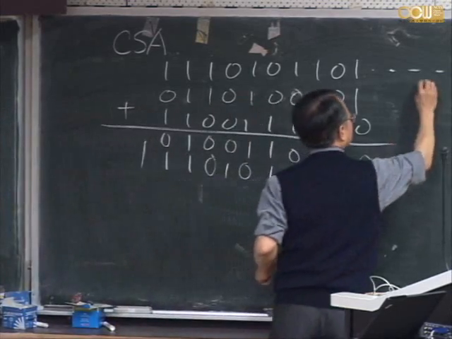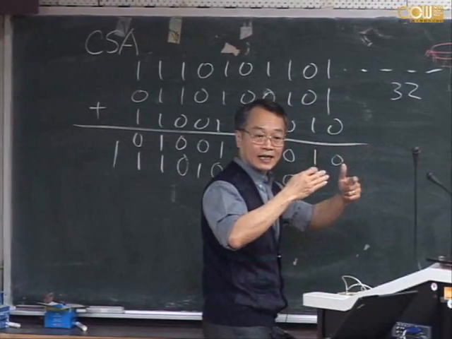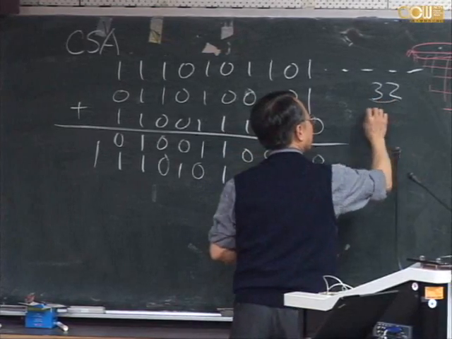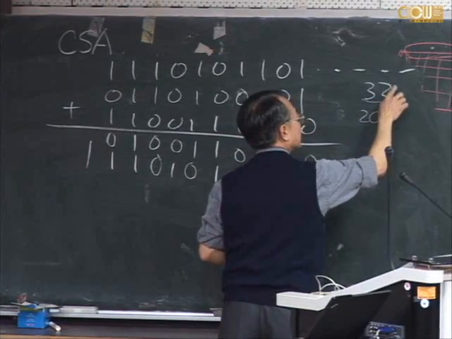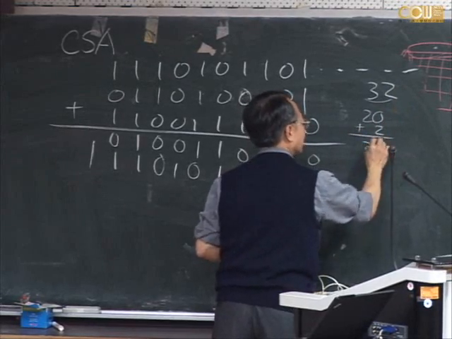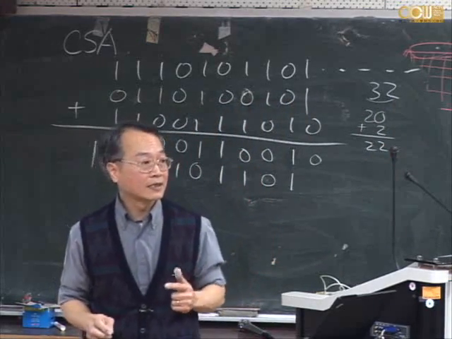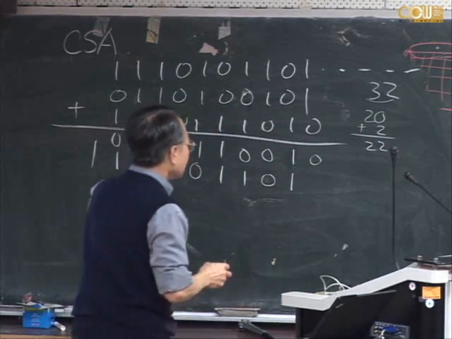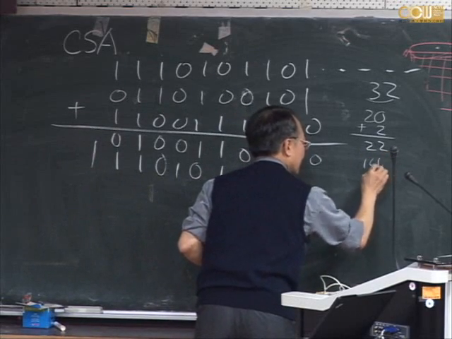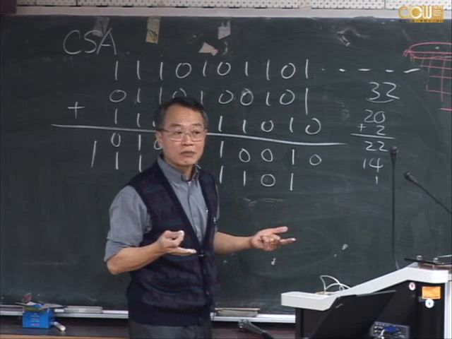So suppose I have 32 bits. Then after 1 gate delay time, they become 30 becomes 20, and these 2, I cannot do anything to them, so I have 22 operands left in 1 gate delay. In another gate delay, 21 becomes 14, and I have 1 left over, 15 operands.